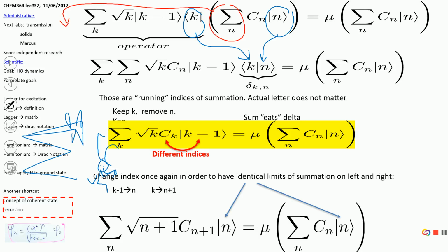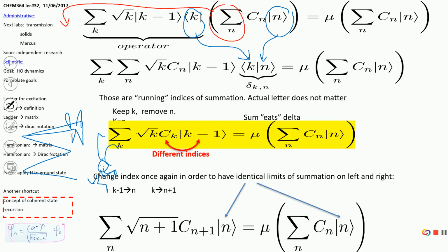So if you remove summation, it will mean that two sequences on the left and right are equal when, not only the summation, we also need to remove the eigenstates. So whatever is here, mu times c sub n should be equal to square root of n plus 1 times c sub n plus 1, right?